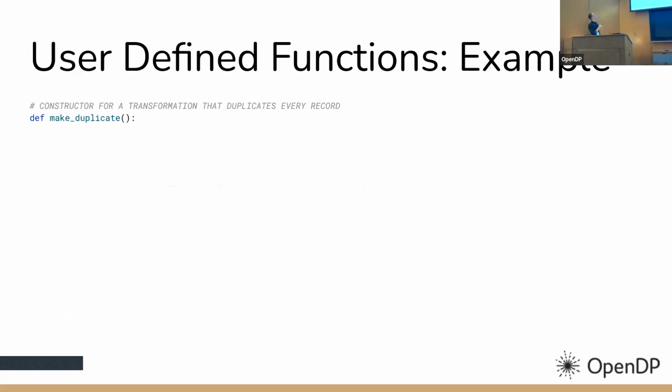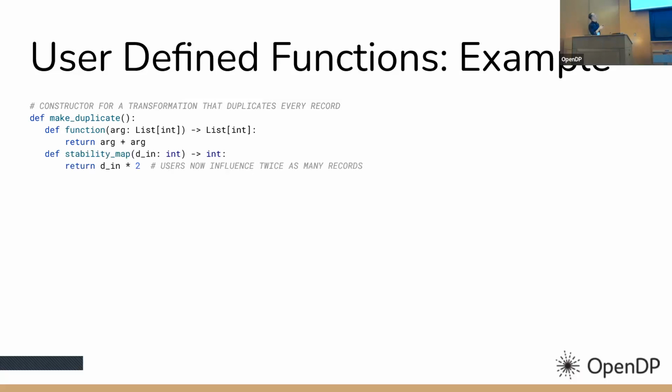So I'm going to have a little constructor here that makes my duplicator. It has one function that doubles the data, and another function that describes the privacy of this thing. Because users now influence twice as many records, the stability is 2x what it had been before.